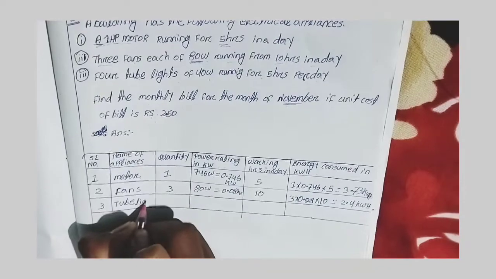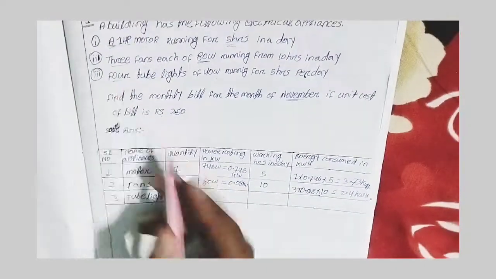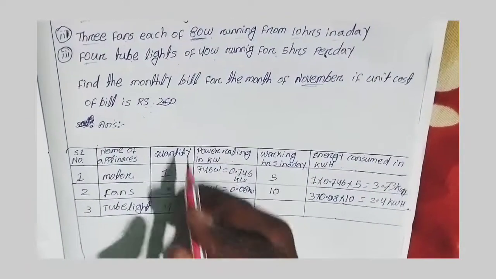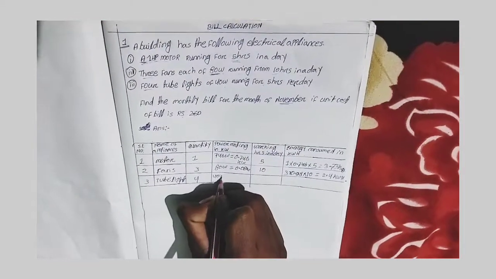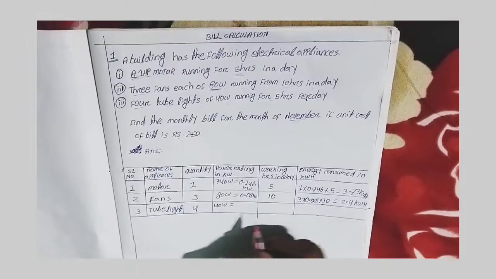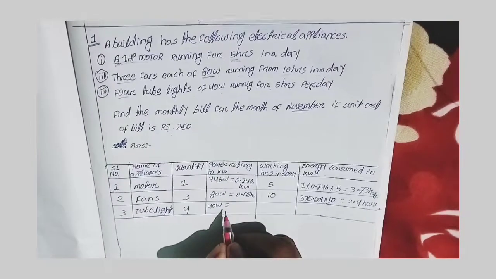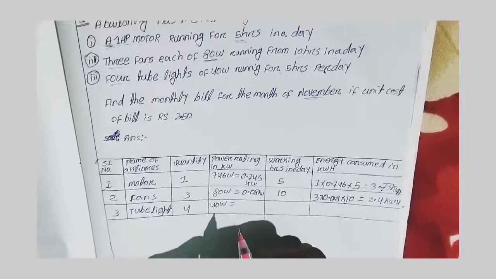Then third equipment is tube light. So quantity is 4. Power rating in kilowatt, so 40 watt is equals to 40 divided by 1000.